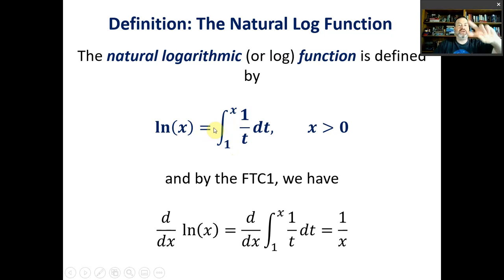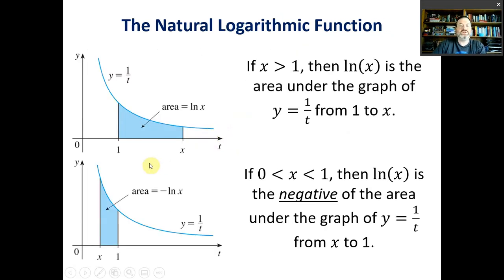Remember, that's the same thing as switching the bounds and getting rid of the negative, right? So that's all we're saying. We're just saying that if you head to the left from 1, the area becomes negative, right? So the area itself is negative, but the natural log function is the negative of that area. We just put a minus sign in front of it.